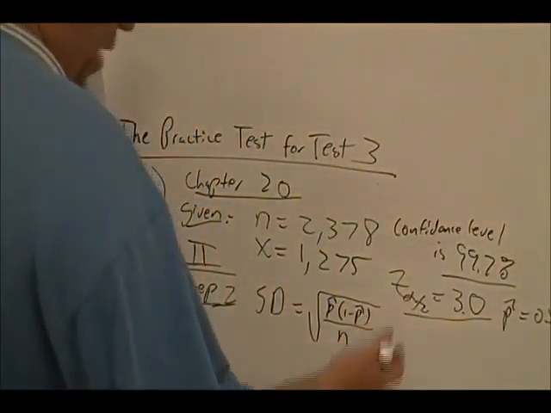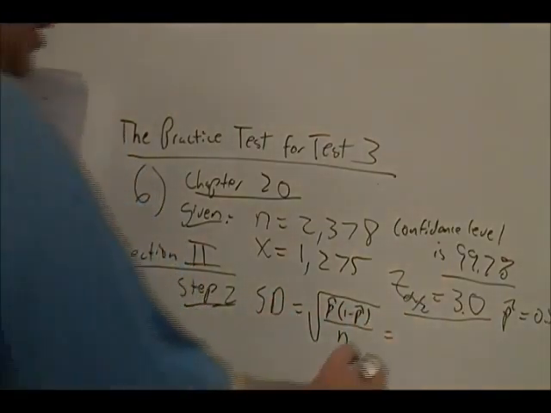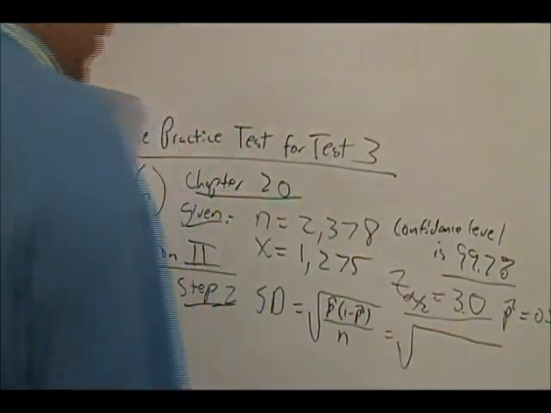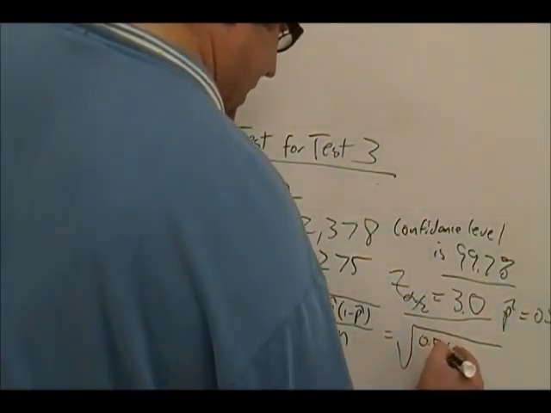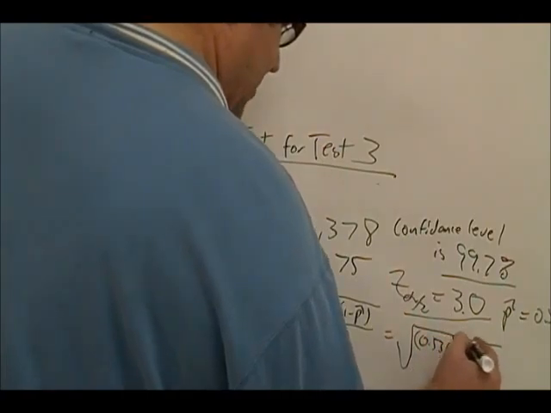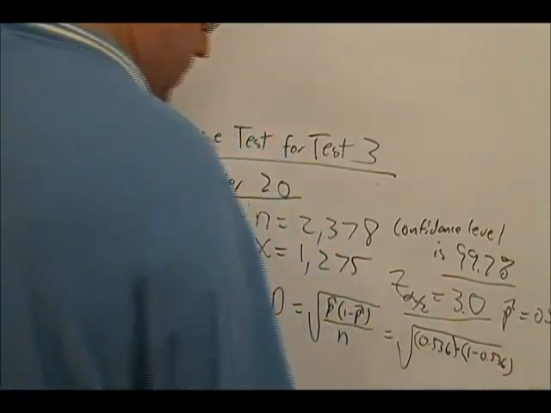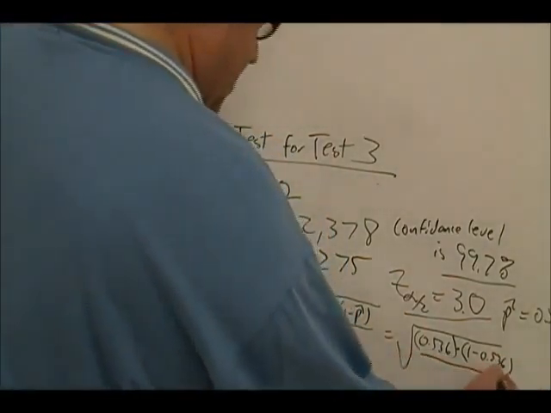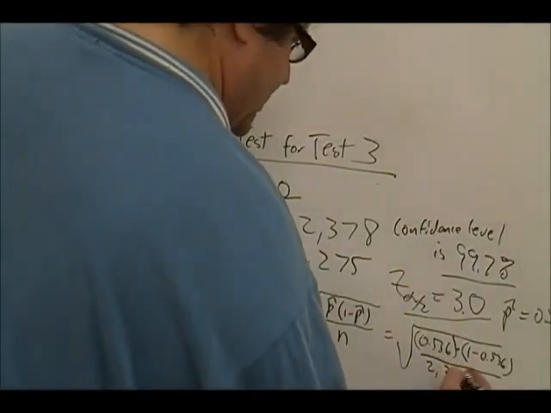So now, if you have a graphing calculator, this will all get plugged in one step. You can take the square root of, and then plug in 0.536 times, and then in parentheses 1 minus 0.536, and then all of that's divided by the sample size n, which is 2,378.